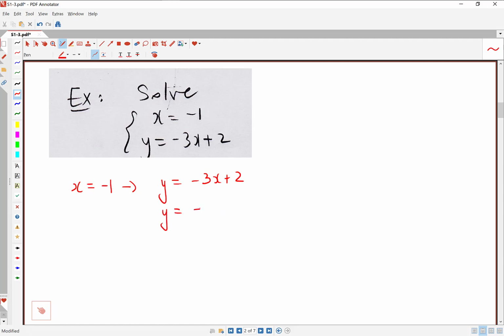So y is going to be -3 times, we know x is -1, plus 2, so y is +3 plus 2, which is 5. So this type of system ends up being very quick to solve. Our solution, let's write it up as an ordered pair, (x, y) is (-1, 5).